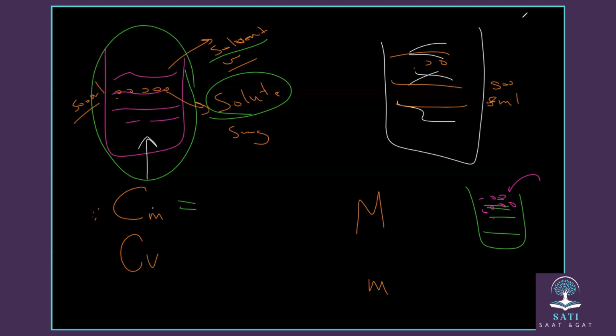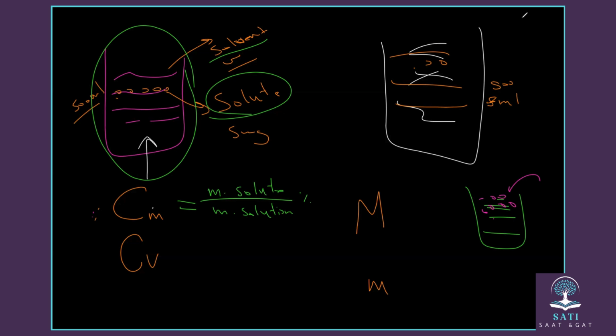For concentration by mass, we find the mass of solute over the mass of solution, written as a percent. What percent is the solute particles of the whole solution? Is it 5%? Is it 10%? Is it 20%?